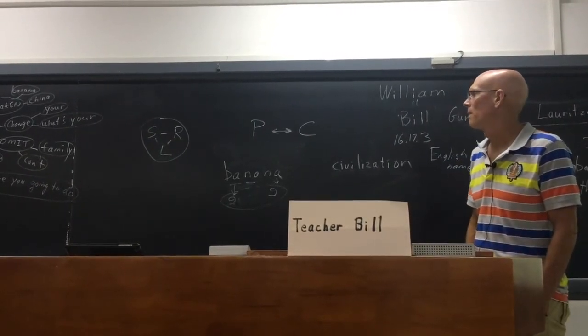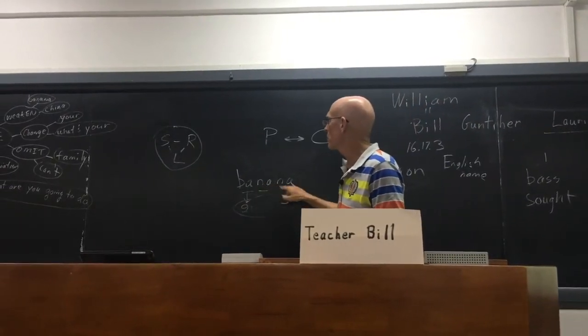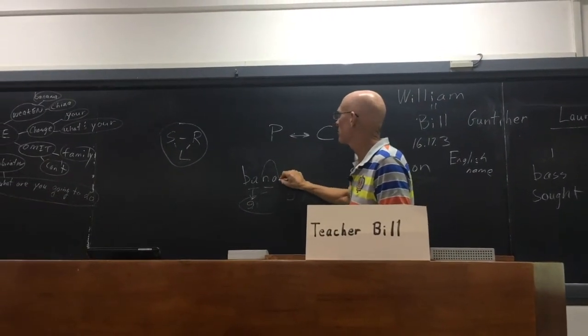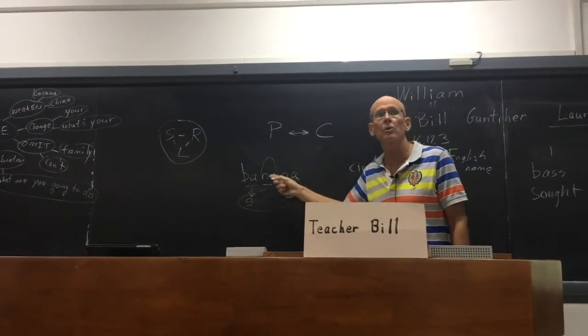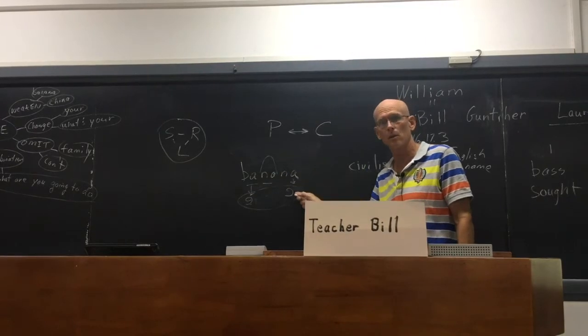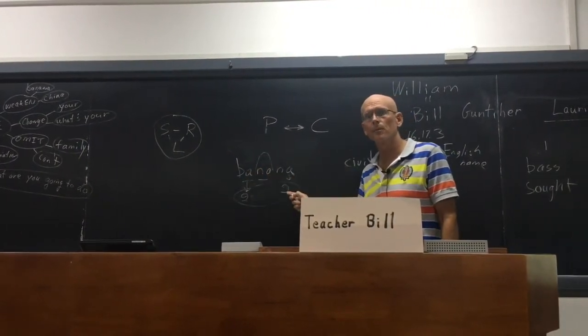Okay? So, and then what's the stress? So these are reduced so that this one can stand out more. It's stressed. These two are reduced. This is stressed. So it's banana. If you say it fast, banana.